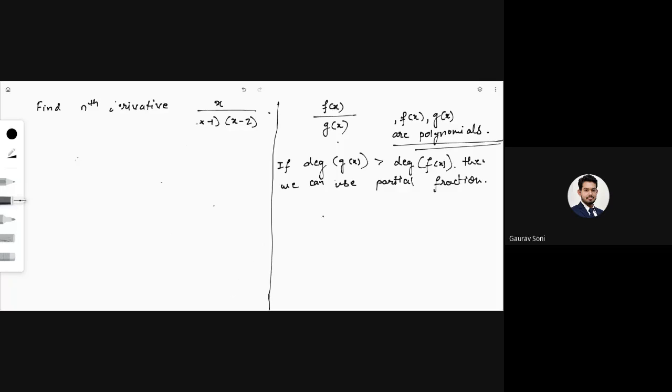Or the other case, if the degree of f of x is greater than the degree of g of x, then what can we do? Division. Which division? Polynomial division or polynomial long division. Yes.